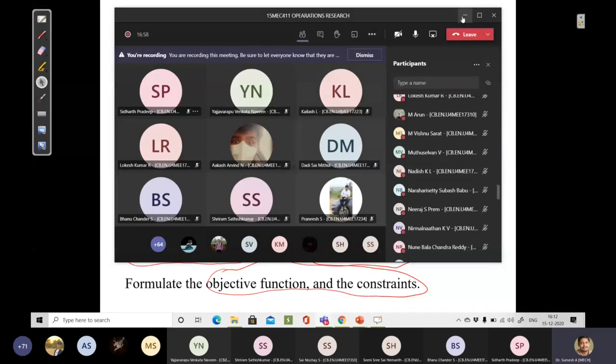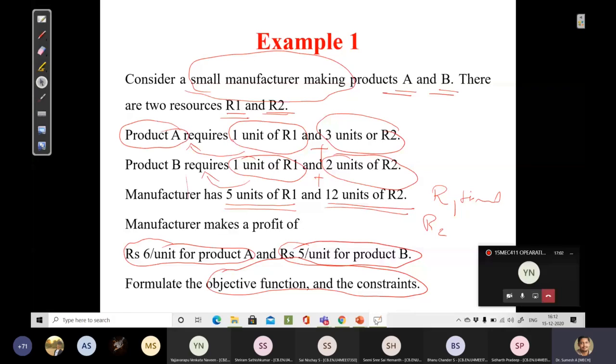The next step, step number 3, is to formulate or identify the constraints. So what are the constraints here?